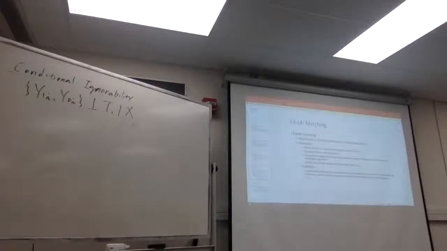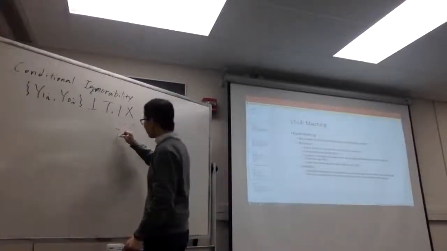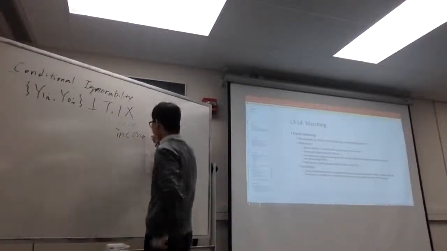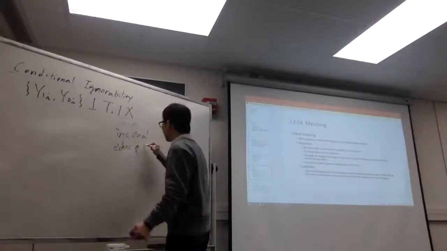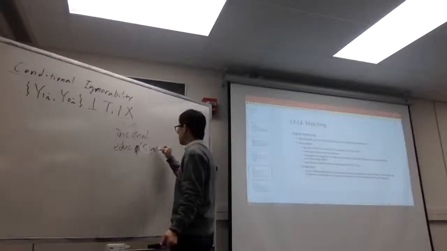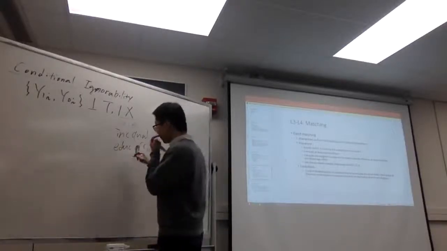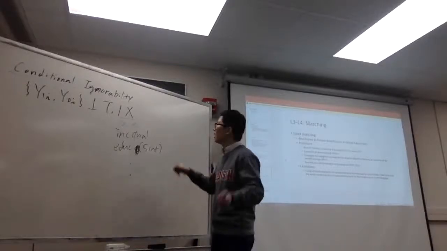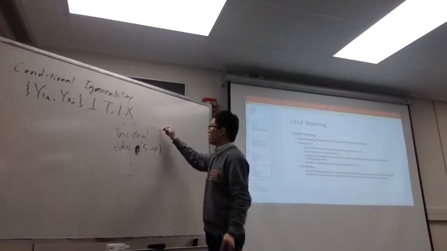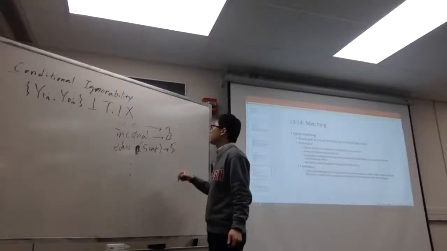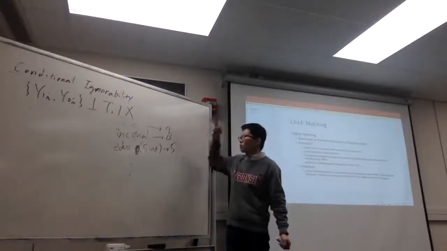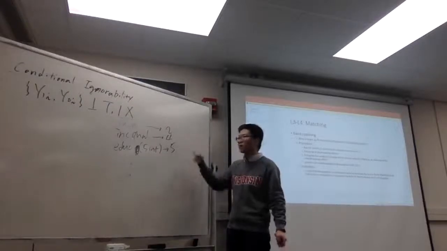Which means that if you have race, income quartile, and education level in 5 categories, and let's use the binary measure of race for now, then they have 2 categories, 4 categories, and 5 categories.